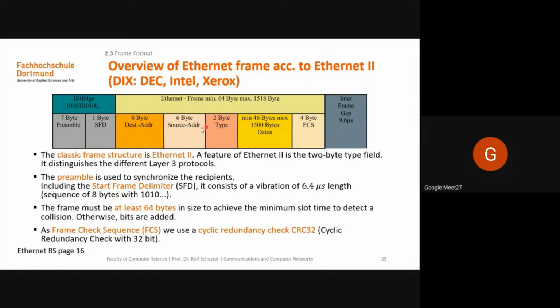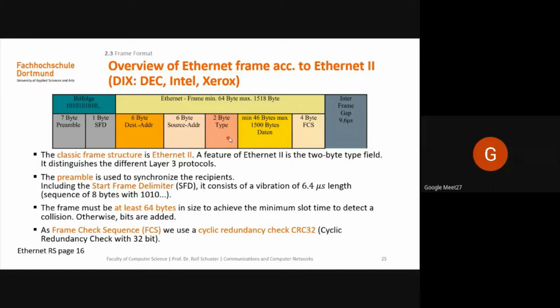After those fields, the sending station will code 2 bytes, that is 16 bits, that represent what we call the frame type.